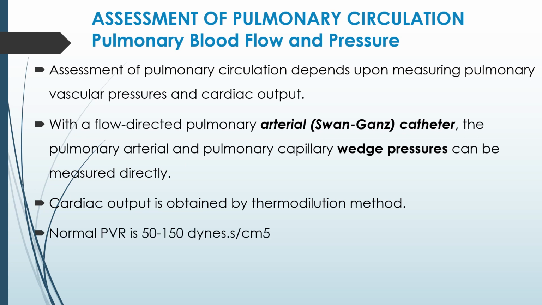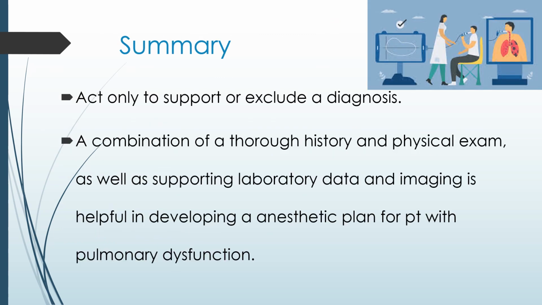Normal pulmonary vascular resistance is 50 to 150 dynes second per centimeter to the power of 5. In summary, pulmonary function tests act only to support or exclude a diagnosis.